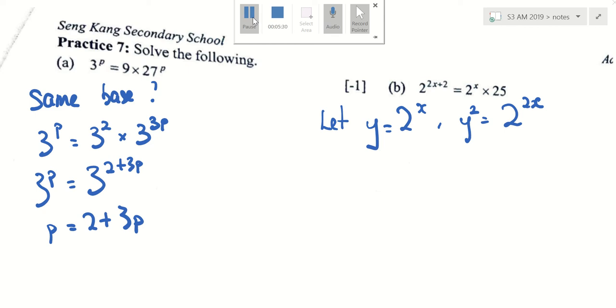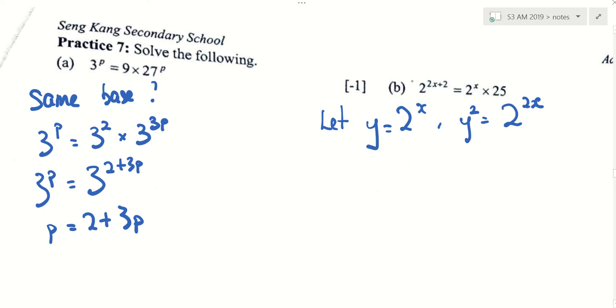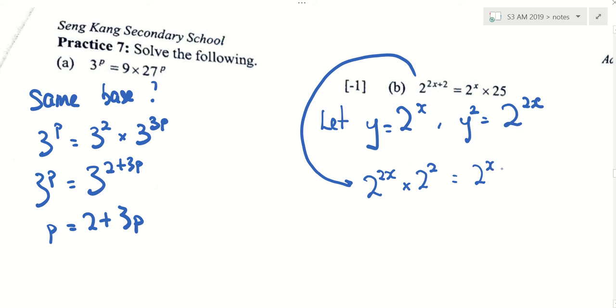No. How do you put them inside then? Split, how do you see? What do you see? 2x times 2 power 2, 2x times 25. Can you now put the substitution things inside? So what will we write?